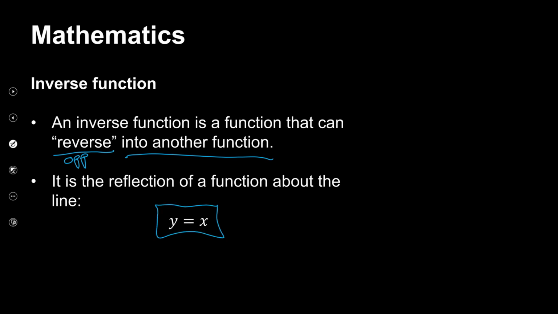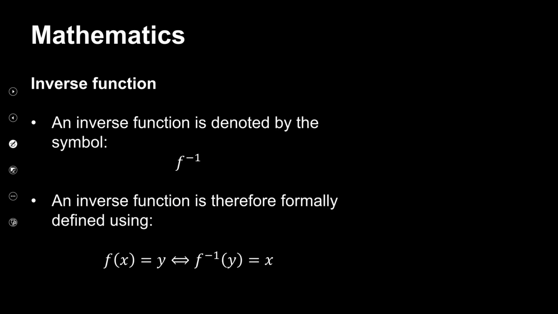And this process of swapping or interchanging things is said to be a reflection of a function about the line y = x. An inverse function is normally denoted by the symbol f^(-1)(x), and they can also just say f inverse of x. It really means one and the same thing.